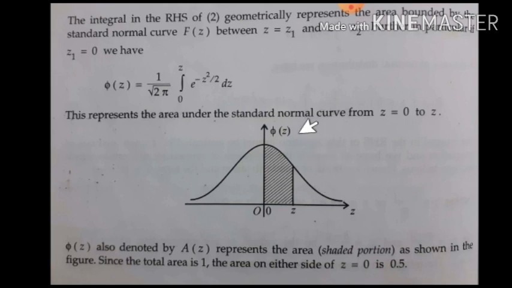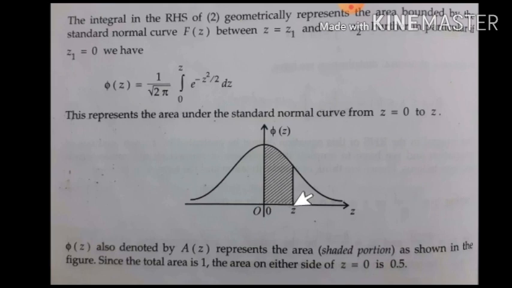What I said, that is what they have given here. From where to where? From 0 to some point z. z is unknown here. 0 to z means z instead of z2, we standardized it as z. So any value of z it may be. So you can represent that as phi of z or A of z anyway. So it is nothing but the area, the shaded portion, from 0 to z.